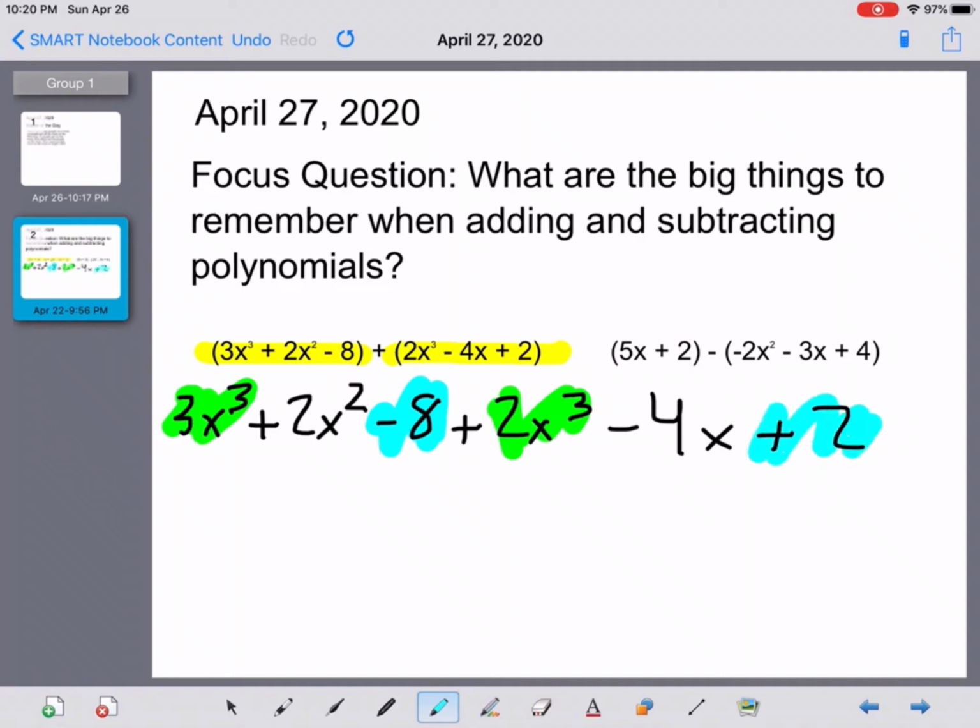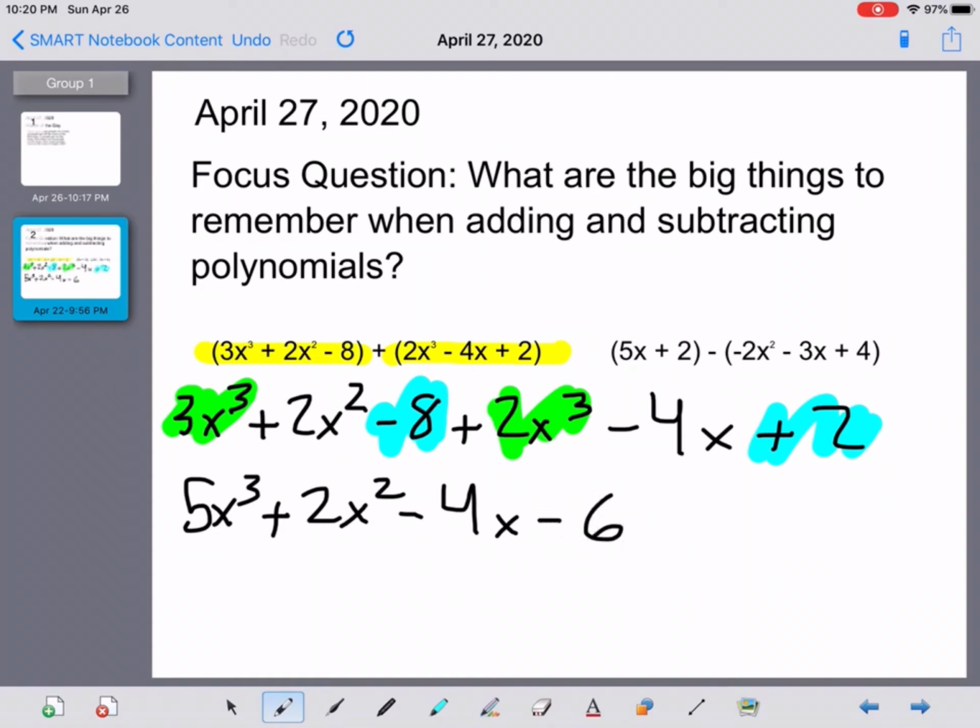I'm using a highlighter just to identify the like terms. Remember, like terms have the same variable and exponent. So here I combine 3x to the third plus 2x to the third to make 5x to the third. 2x squared, there were no like terms for that, so I wrote that next. Then minus 4x, and then negative 8 plus 2 will be negative 6.